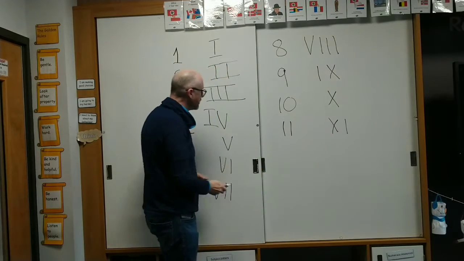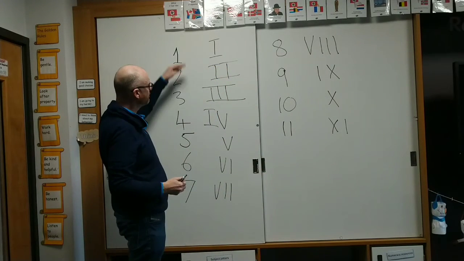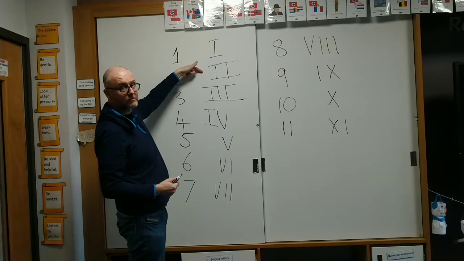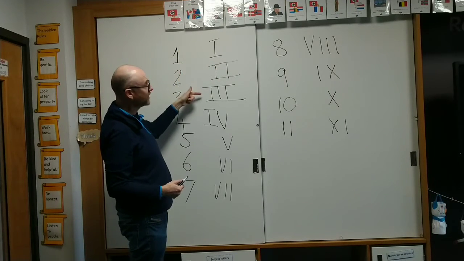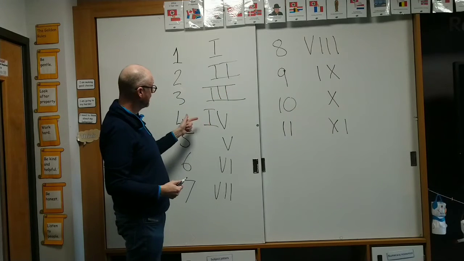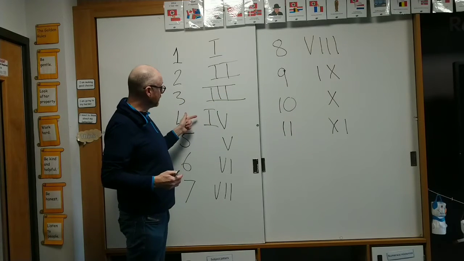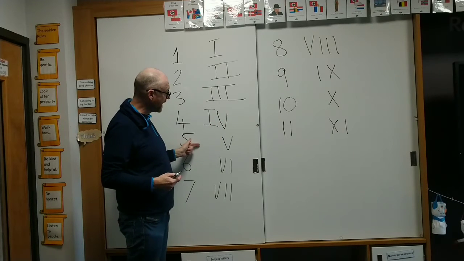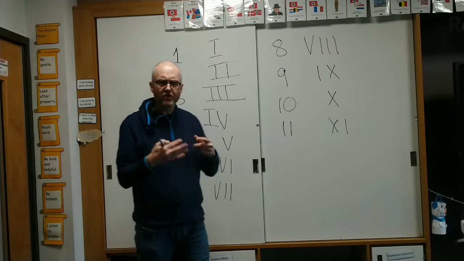And then the rest of the numbers follow the same rule as the 5 here. So 12 will be XII. 13 will be XIII. 14 will be XIV. 15 will be XV. Okay? Now there's other numbers as well.